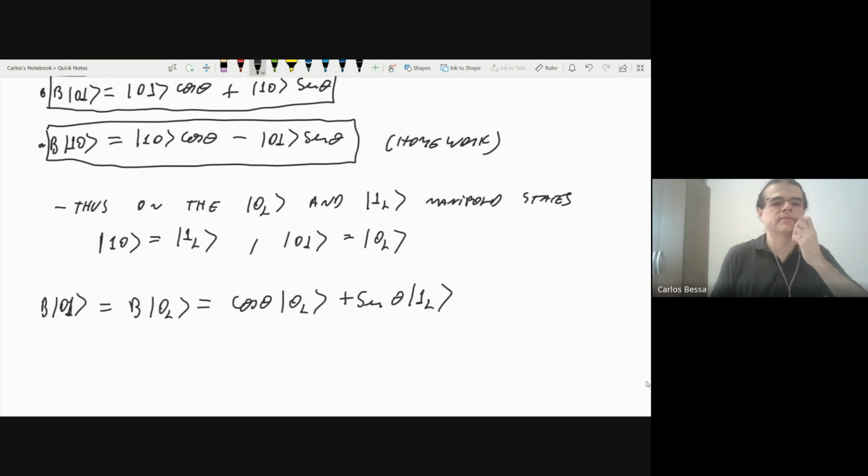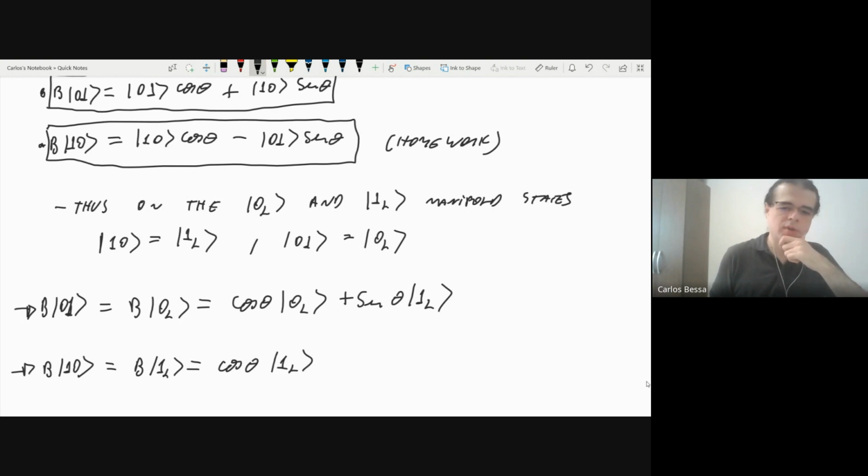Okay, that's this expression. And the other is B on 1, 0, using this formulation, the same as B on 1 logic: cosine of theta, 1 logic, minus sine of theta, 0 logic.